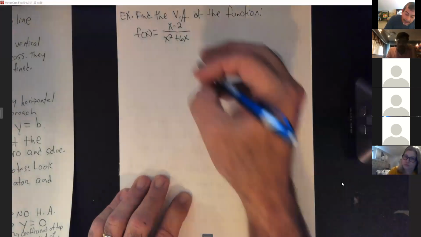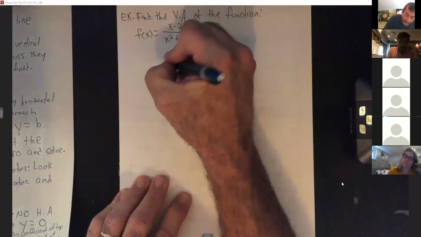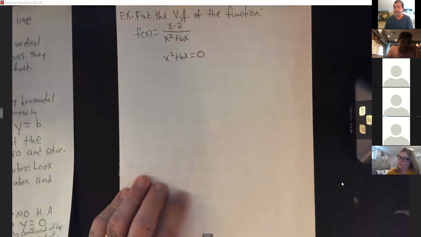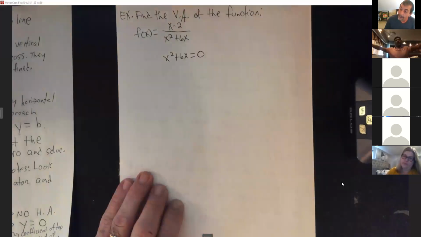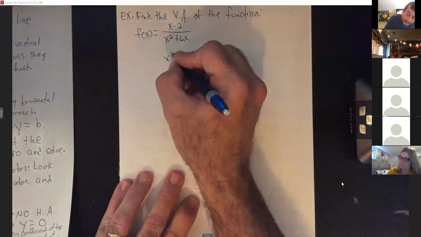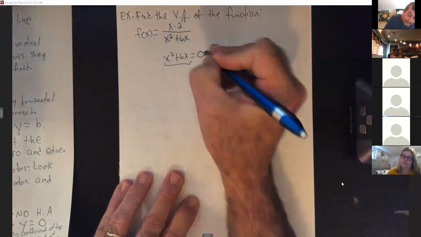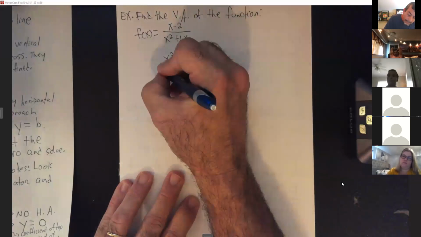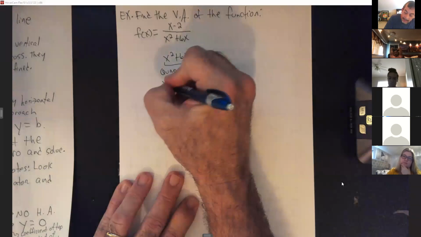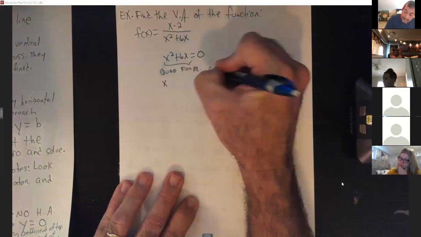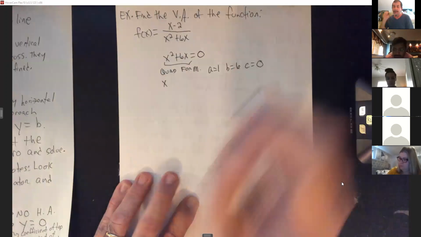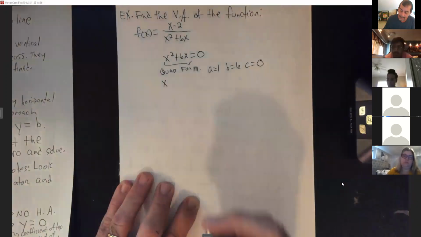I'm going to take that bottom and set it equal to 0. At this point, we could use the quad because we got a quadratic equation. If you use the quad, a would have been 1, b would have been 6, and c would have been 0.